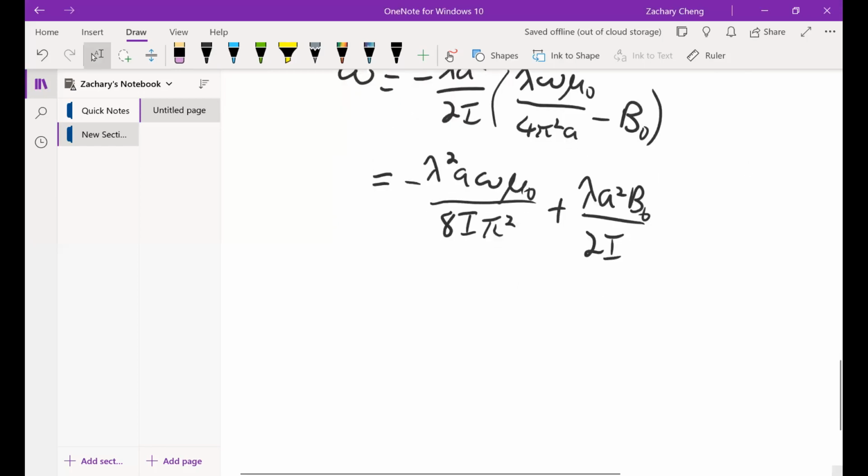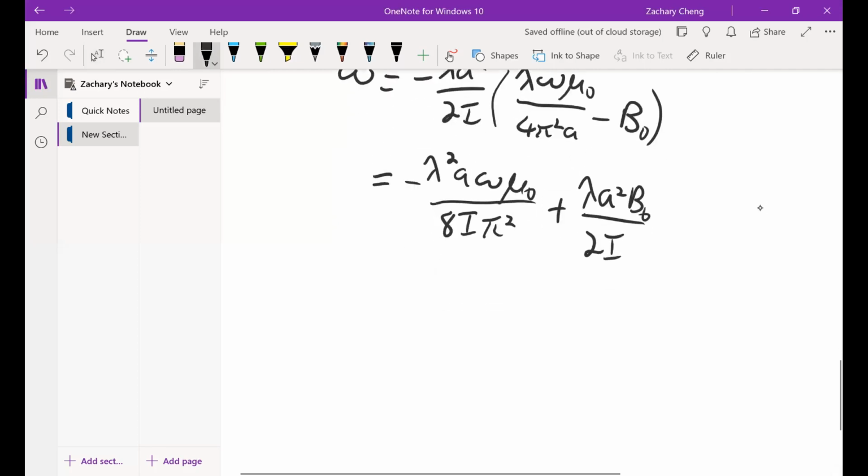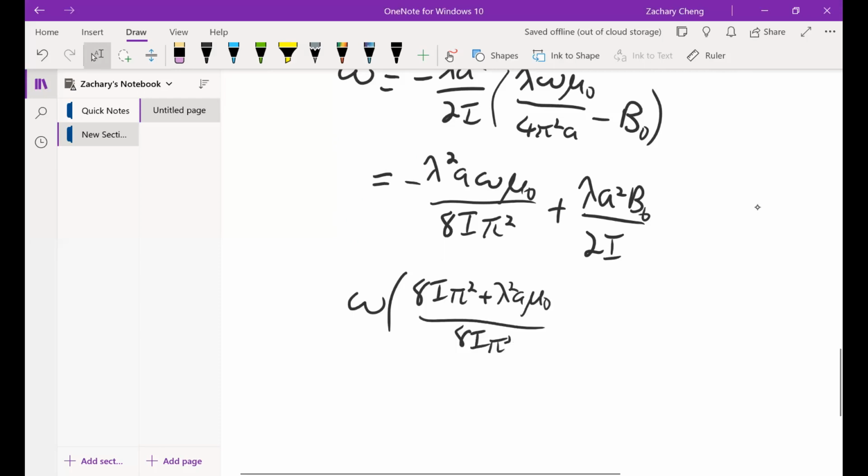Okay, so now we can move omega to the other side. We get omega times 8I pi squared plus lambda squared a mu 0 over 8I pi squared is equal to lambda a squared B0 over 2I.